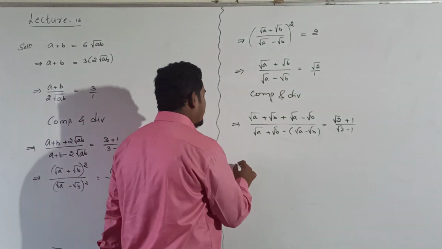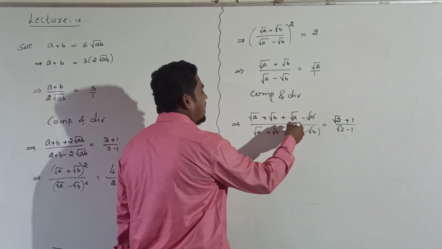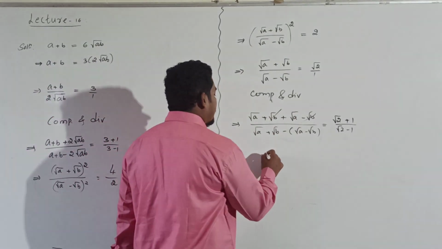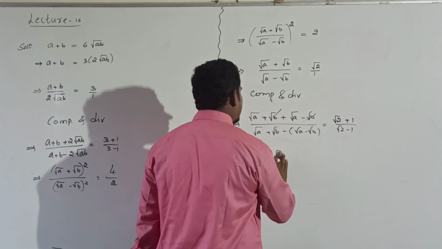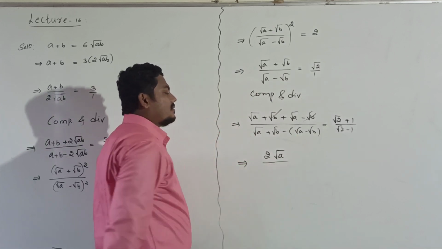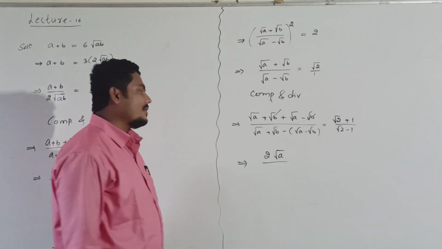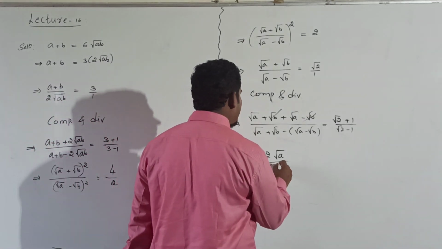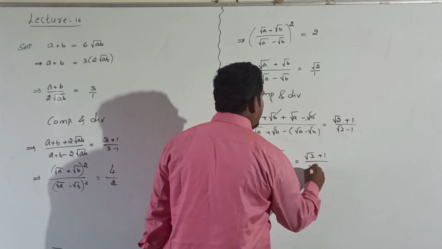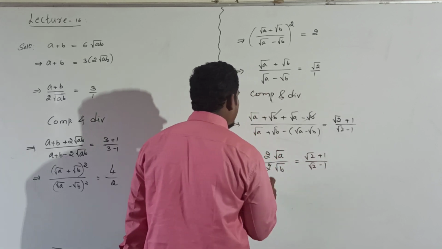On simplification, minus root B plus root B cancels, leaving 2 times square root of A, divided by, here minus root A plus root A cancels, leaving 2 times root B, which equals square root of 2 plus 1 divided by square root of 2 minus 1.